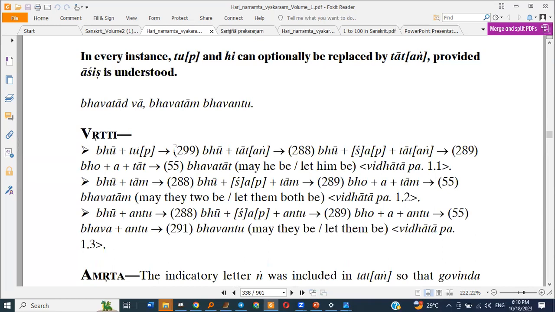Another time, this Tup gets replaced with Tatang, just the Pratyaya itself replaced. Then Shab, then Dhaturantasya Govinda Pratyaye Av. So we get Bhavatat. So Bhavatu or Bhavatat. Same meaning, but two different forms. Both are right.